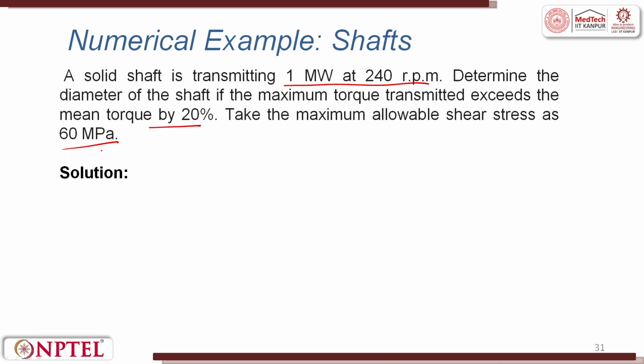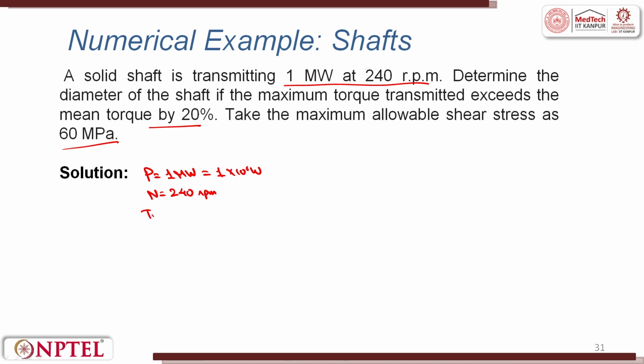So, here what we are given is, we have been given power P is equal to 1 megawatt, or I can put it as 1 into 10 raised to power 6 watt. Then what I have been given is the RPM, that is N is equal to 240 RPM.